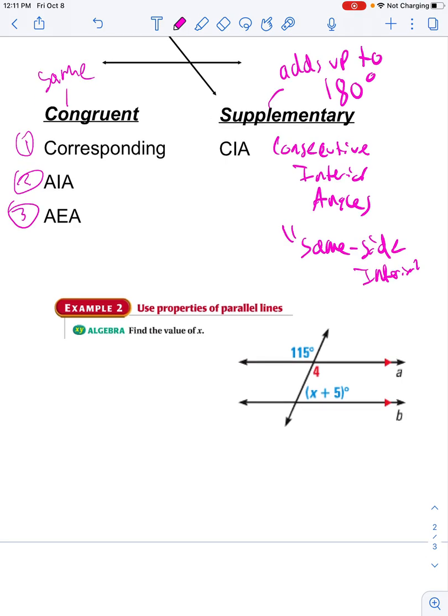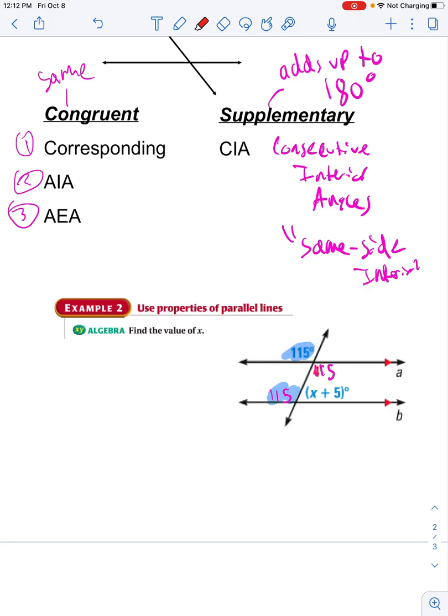Okay, so my thinking is, find the value of x. I know that this angle right here is 115, which is corresponding to this angle. So those two angles have to be the same. And if those angles are the same, well, angle 4 is alternate interior angles, so alternate interior has to be the same.